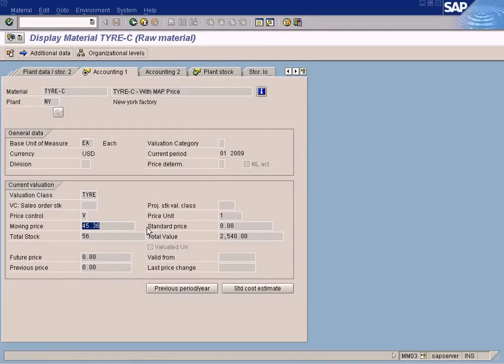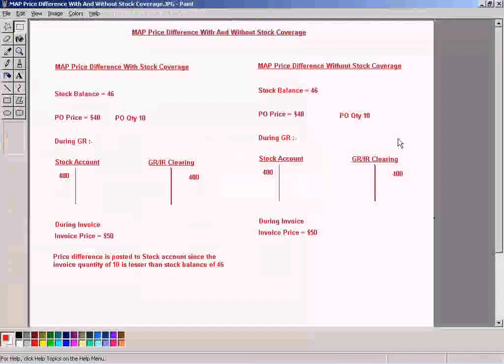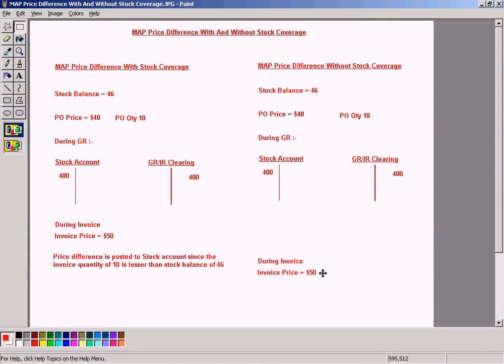So it has become 56. When I go to accounting 1, the price has changed accordingly. Okay, because we receive another 10 units, right? So now the total stock is 56 after we receive this 10.